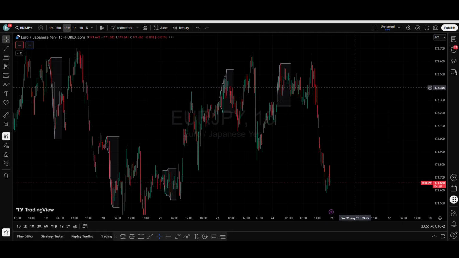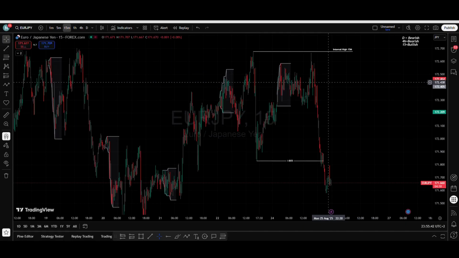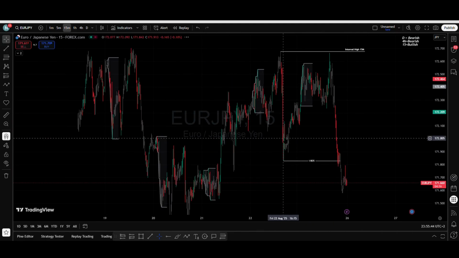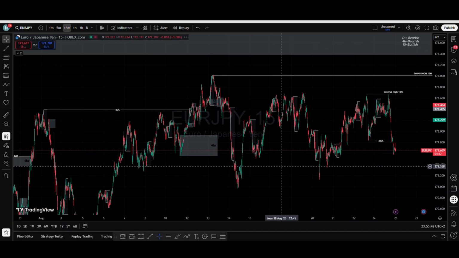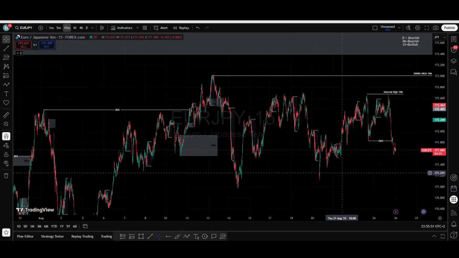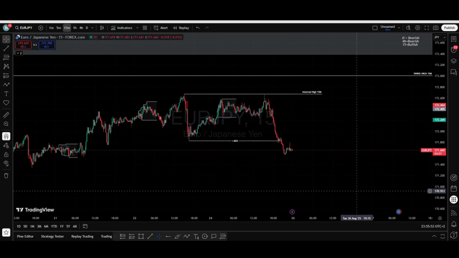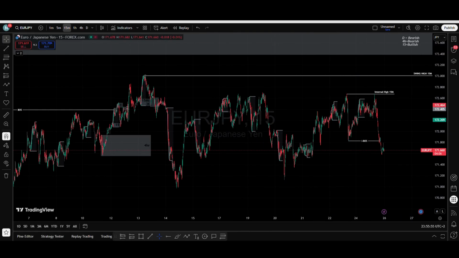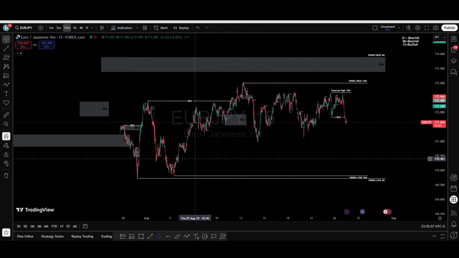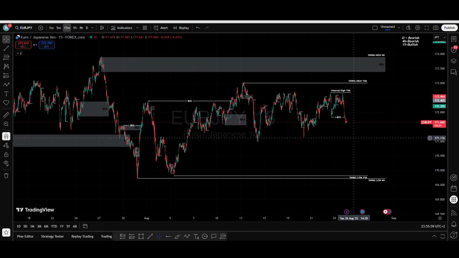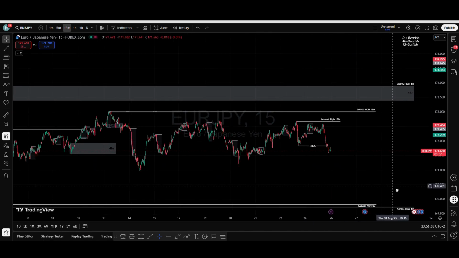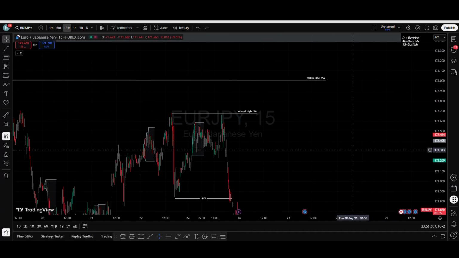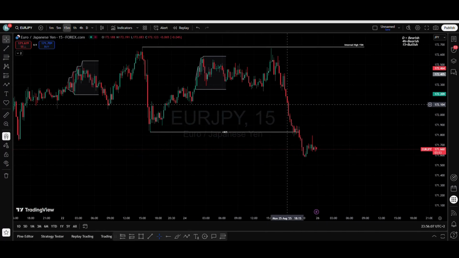And then last but not least is Euro JPY. Though this is also pretty range bound, not the best in terms of price, because look at how large the swing on the 4-hour is. Crazy big swing structure, which is why it's better to focus on this internal right here.